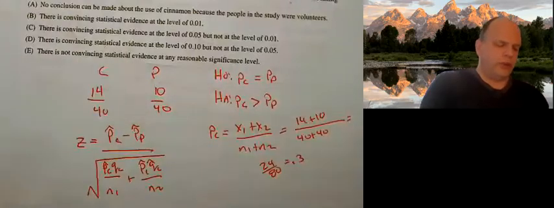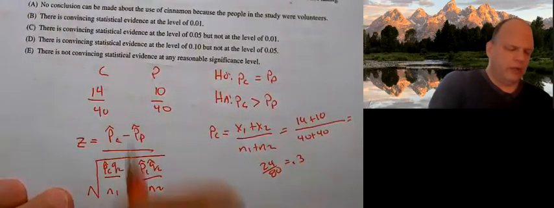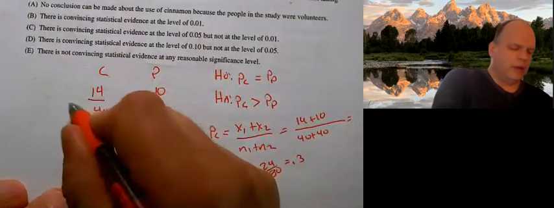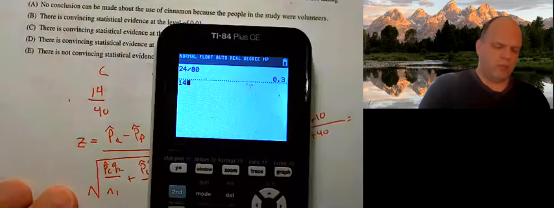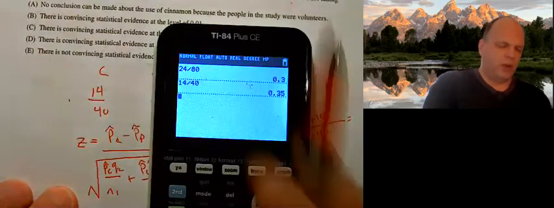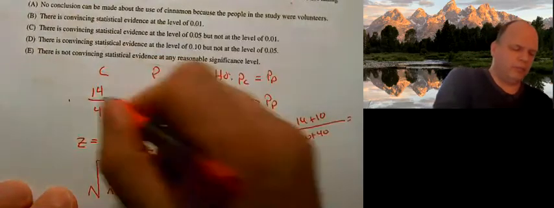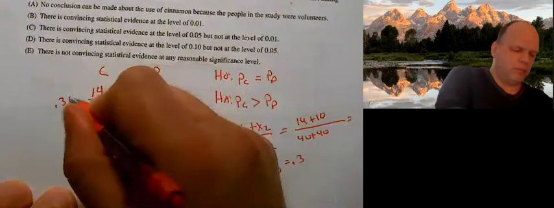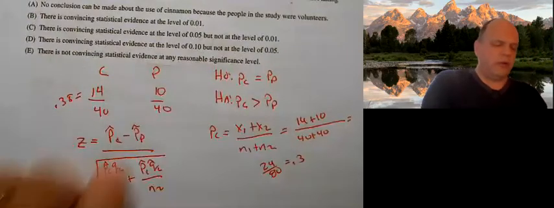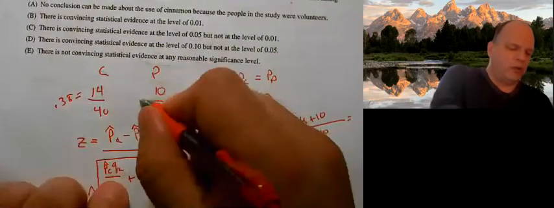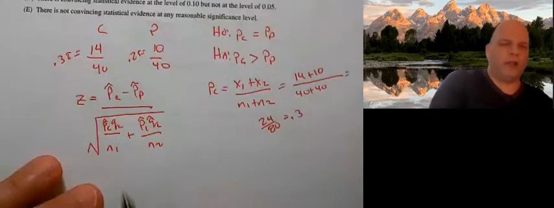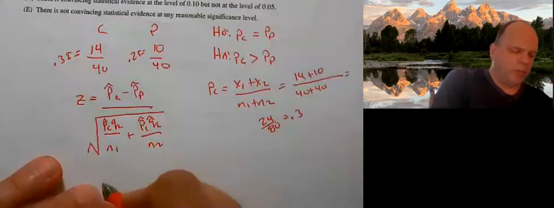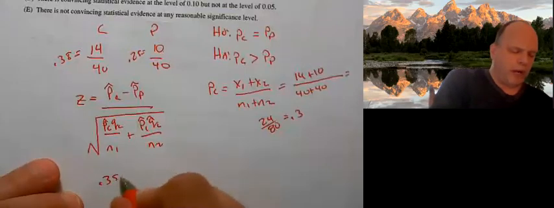So what this is going to look like is 14 divided by 40 is 0.35. And 10 divided by 40 is 0.25. So if I were filling in my work, I would go 0.35 minus 0.25.